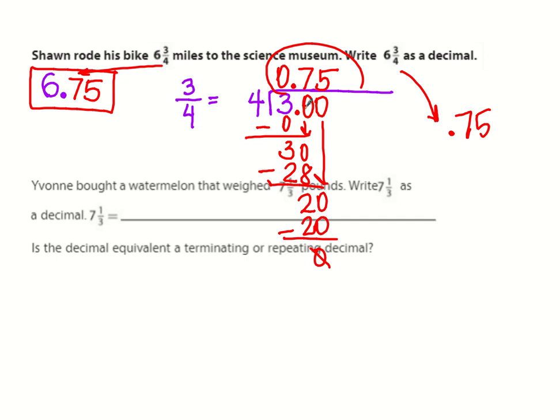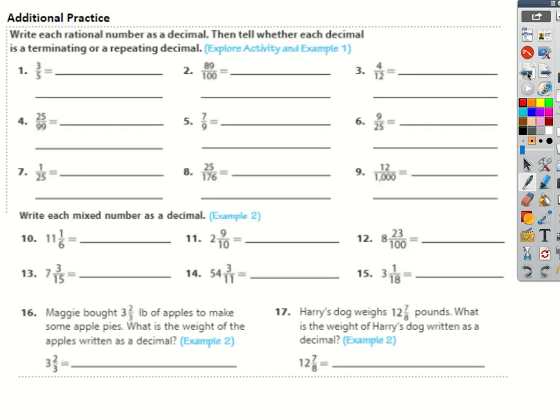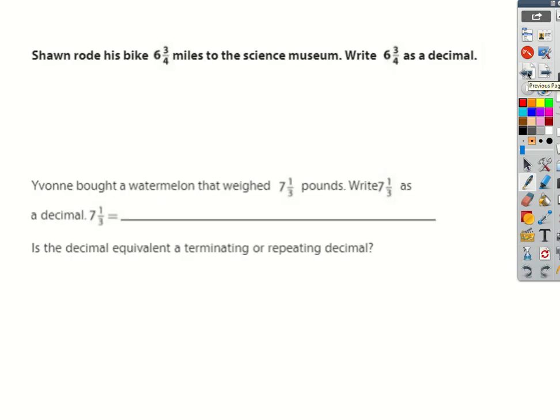All right, let's look at the next question, which I think I gave you guys as practice writing mixed numbers as decimals. So let me see how many practice problems I gave you. No, I think that one was for practice.